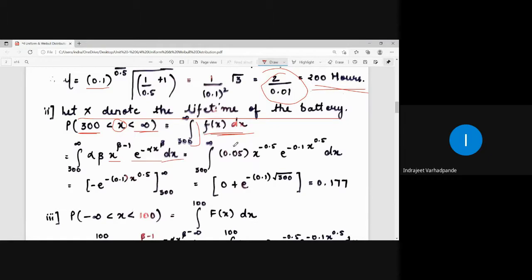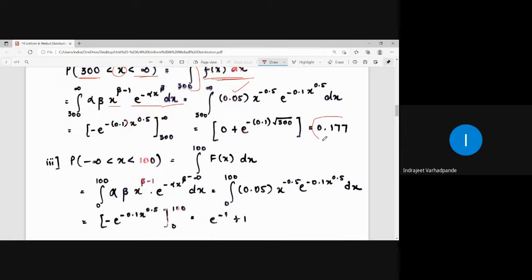Put the value of alpha, put the value of beta, simplify it, integrate it, you will get the answer. That integration comes out to be 0.177. Probability है, hours में calculation की जरूरत नहीं है, so you keep the answer as it is.